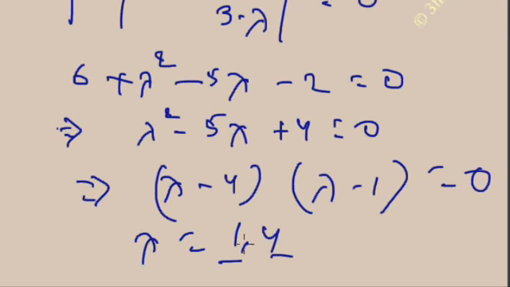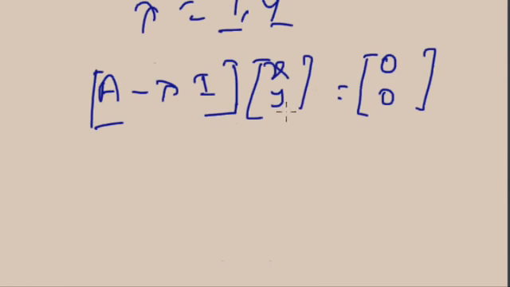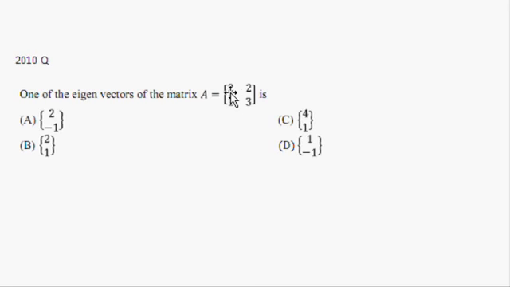The first eigenvector can be calculated by putting lambda equal to 1, and the second by putting lambda equal to 4. I am first finding the eigenvector for lambda equal to 1. So (A minus lambda I) times (x, y) is equal to (0, 0). When you put lambda equal to 1, 2 minus 1 is 1, 3 minus 1 is 2.